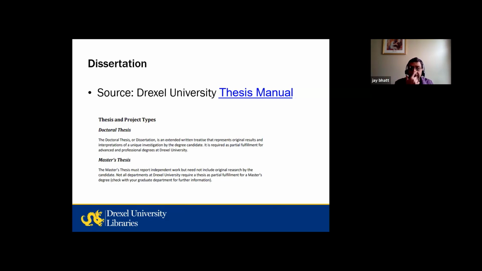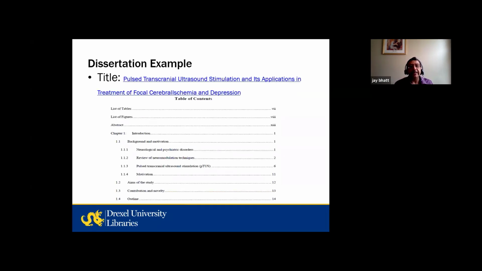And there is also brief information about master's thesis, and what is the difference between master's thesis and doctoral thesis. All these details are available at the link above. And here is an example of a Drexel thesis by one of our PhD students. This is the link, and you can click on this and you will see the full dissertation from our website.